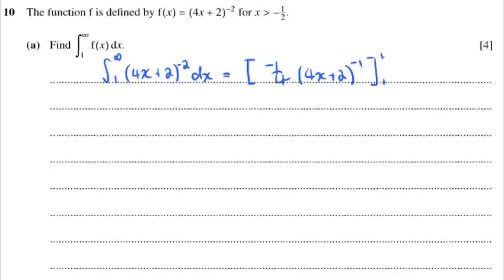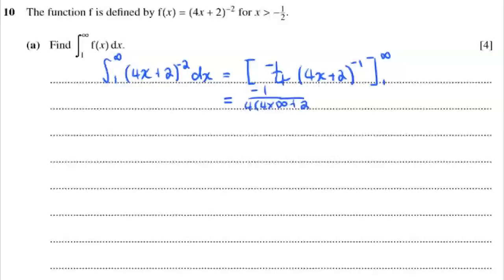And we're going from 1 to infinity. Hopefully we're not getting too scared by this. What shall we do? We'll put the values in. I don't like using this. Anything to the power of negative 1, of course, we can make it a positive power by putting it on the denominator. And so we end up with negative 1 divided by 4 times infinity plus 2.